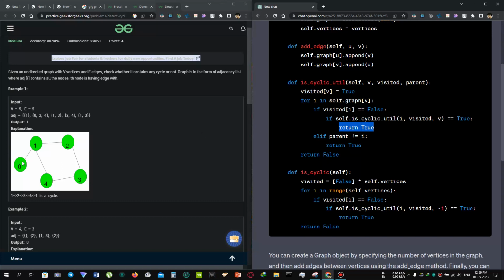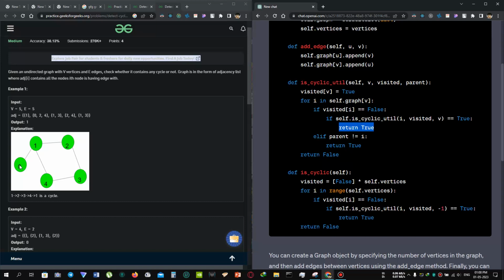So if it goes from 0, 1, 2, 4 and then 1, okay, so it found a cycle. So what it will do is that 1 will give true to 4, then it will give true to 3, it will give true to 2, it will give true to 1, and then it will give true to 0. So that's how basically this whole recursion works.